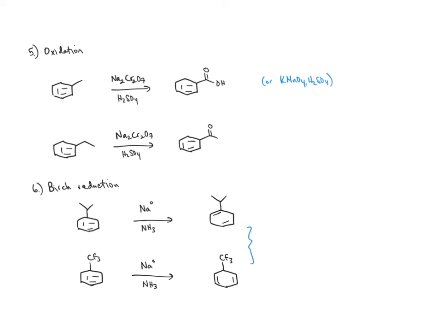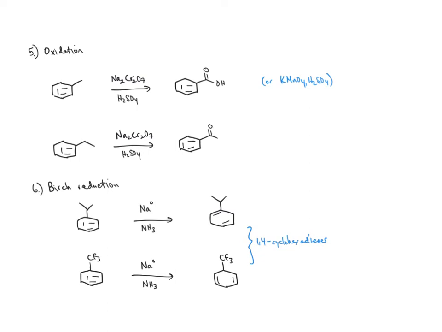So both of these groups are reduced aromatics, so they're 1,4 cyclohexadienes. And what you'll also notice is that the electron donating groups will yield a product in which the substituent, the isopropyl in this case, will lie on the double bond, right?